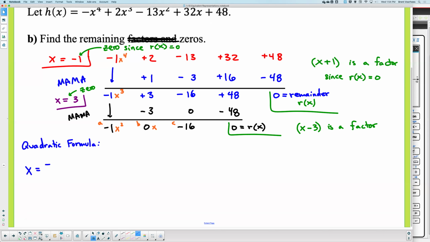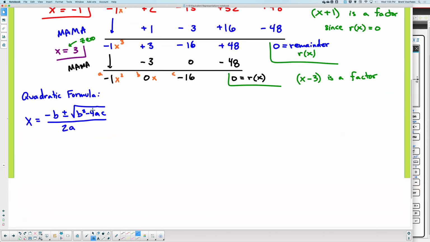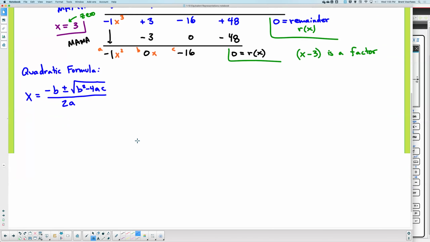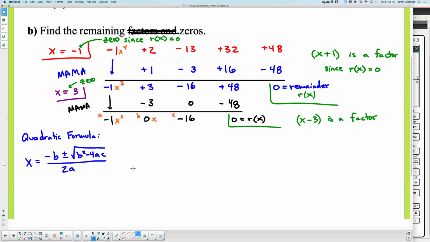X equals -b plus or minus square root of b squared minus 4ac, all divided by 2a. That's how we're going to find any imaginary factors or zeros, or irrational for that matter, using this formula right there. Yep. Okay. You take a picture if you can, so I can go as quick as possible here.